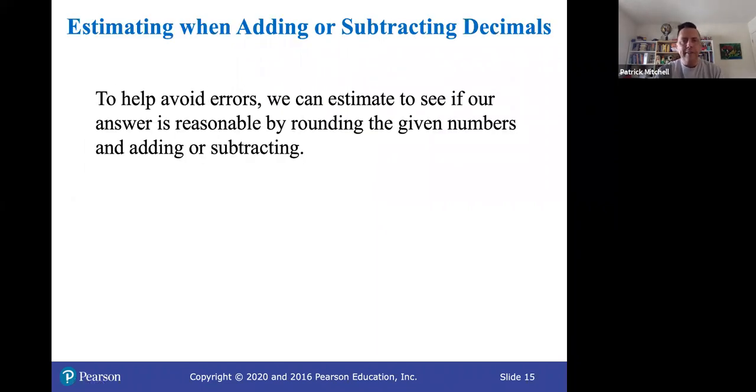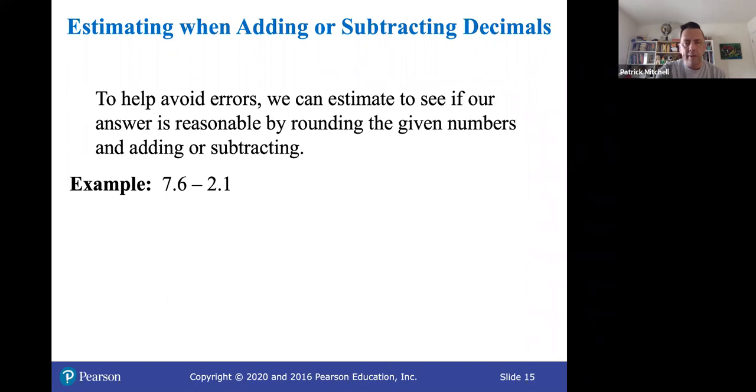All right, so that brings us to estimating. So they suggest, and I think this is a good idea, that when you're adding or subtracting decimals, you also try to estimate the answer to see if your answer is reasonable. And you can do that by rounding all of your decimals to the nearest whole number. So remember, we went over that in the last lesson.